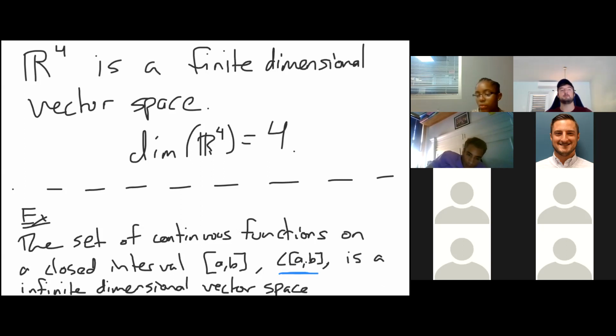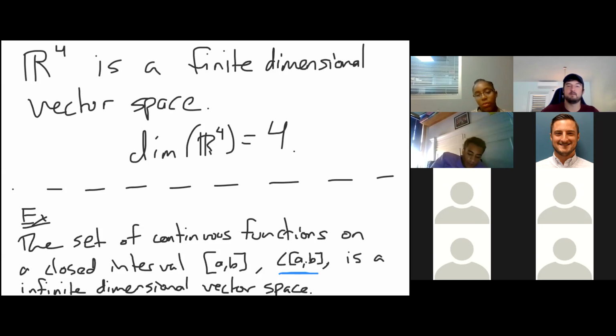Any basis that you are able to come up with will have an infinite number of vectors in it. We're not going to touch on why, though you can just see that any polynomial will be in C of AB, which means there's no limit on how high the degree of those polynomials can go. That alone gives an infinite number of things, but that also doesn't include, you know, the square root function, which can be continuous on the closed interval AB.